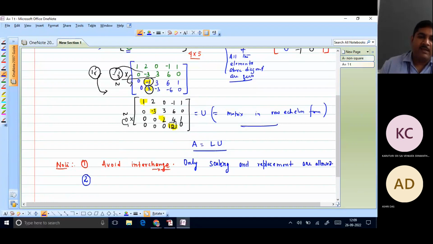Okay? The second thing which you have to be very careful about is the case when A is not a square matrix. If A is not a square matrix, we simply require U to be a matrix in row echelon form.